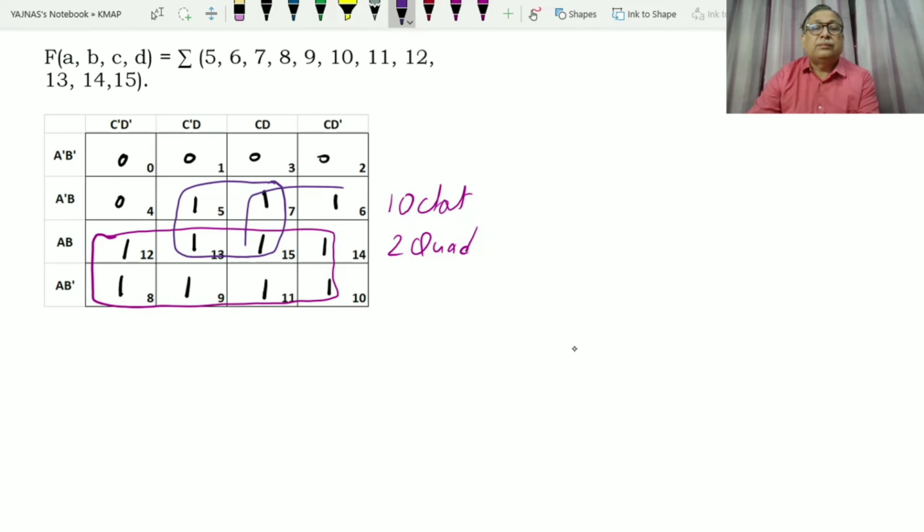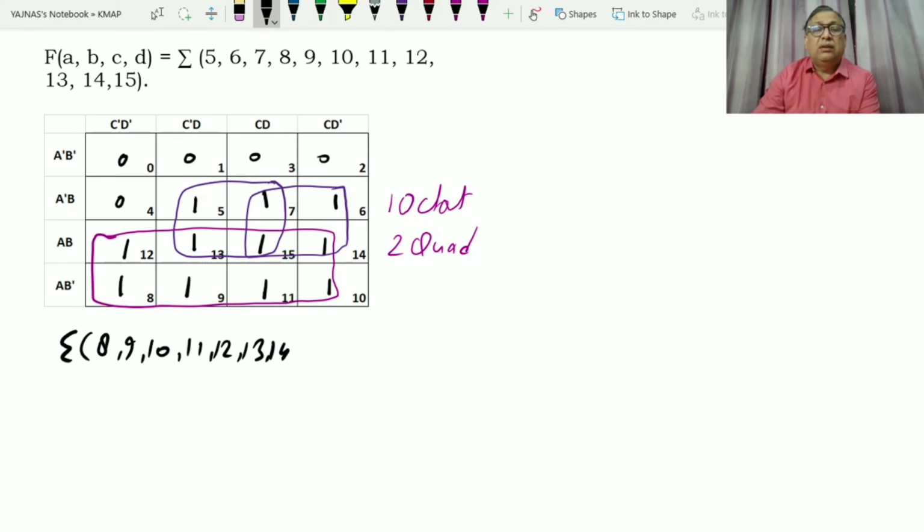So this octet is made up of 8, 9, 10, 11, 12, 13, 14, 15. If you see the left-hand side of this, A is constant, so the result will be A. And the quads: 5, 7, 13, 15.